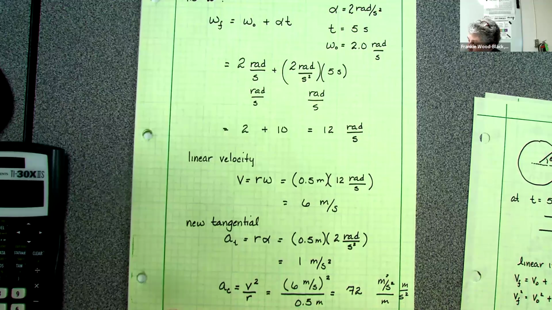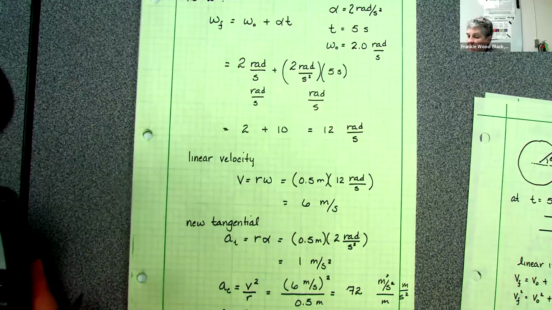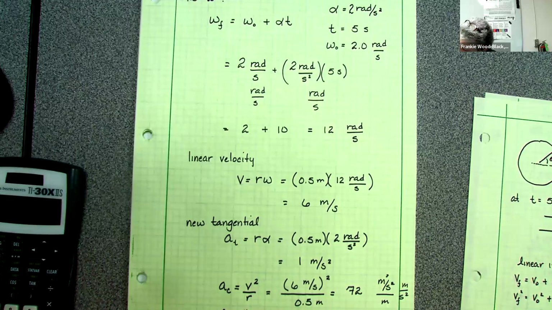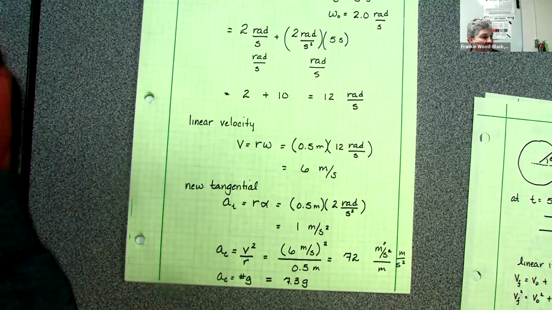And if I want to compare that with g, that's roughly 7.3 times my acceleration due to gravity. So we can do a lot of things just by looking at how something is traveling around a curve.